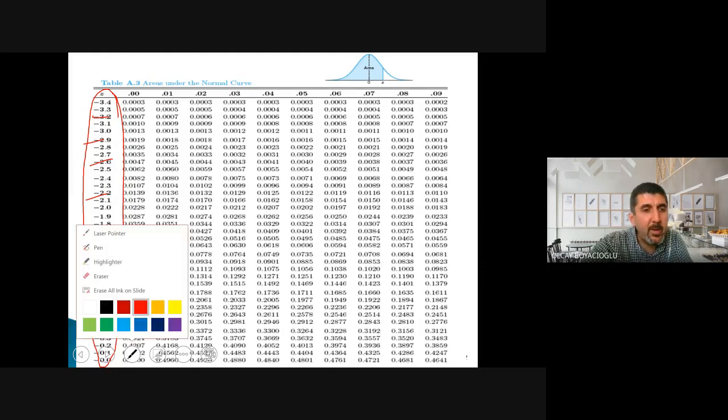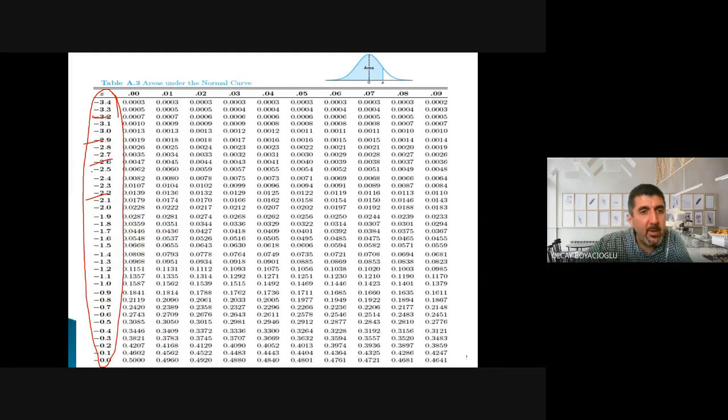Let me get the pen again. This is minus 2.5. And since I was looking for 2.50, minus, that means after the 5, I need to go to the first column, right? This gives us a 0. So here is my value, 0.0062.